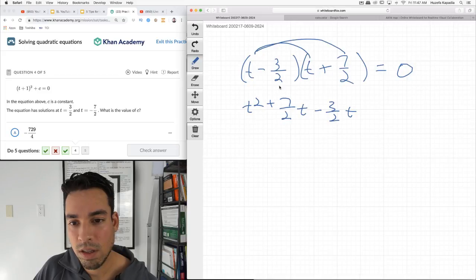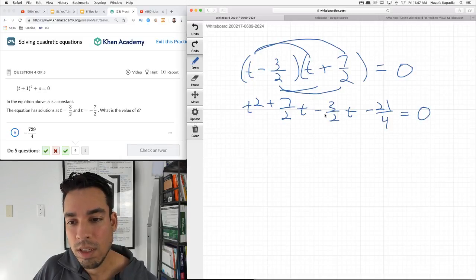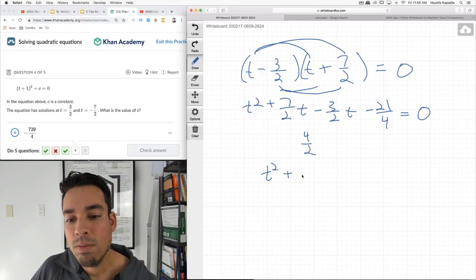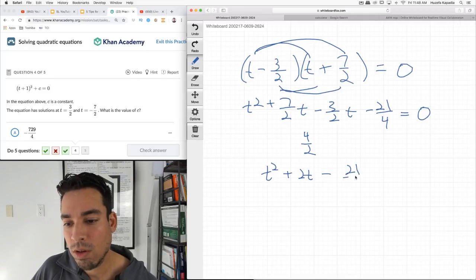So this there, then this there, and then that there. Negative 21 over 4 equals 0. These guys combined: 7 minus 3 is 4 over 2, which reduces to 2. So t squared plus 2t minus 21 over 4 equals 0.